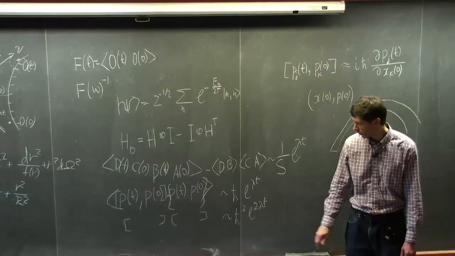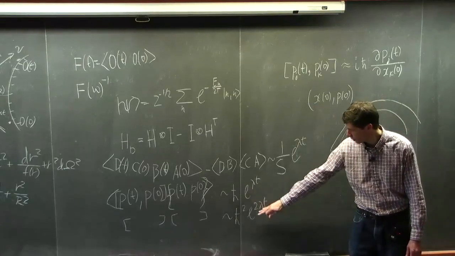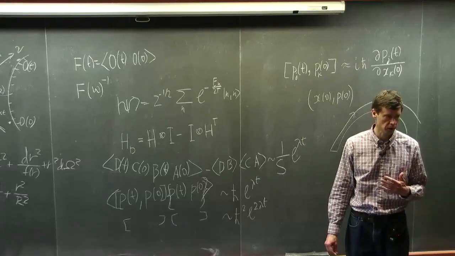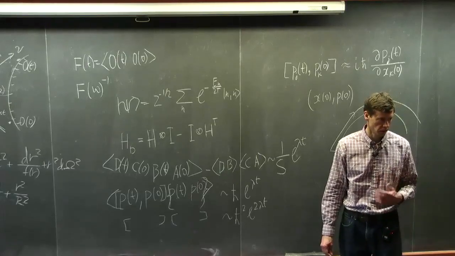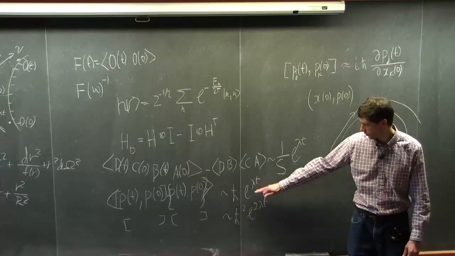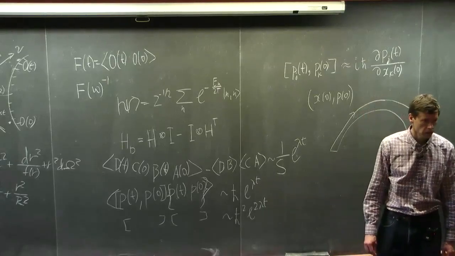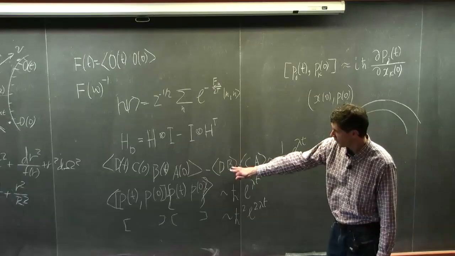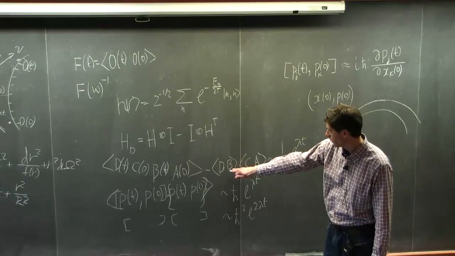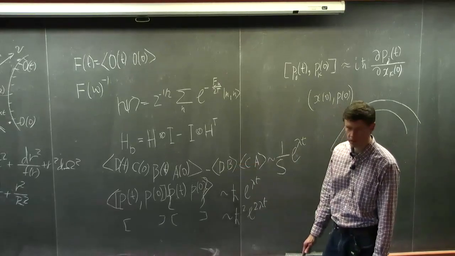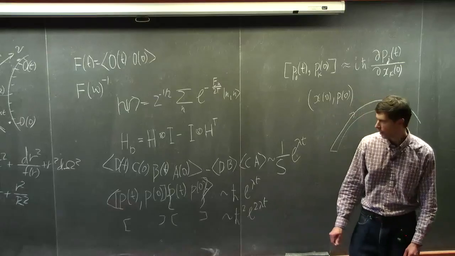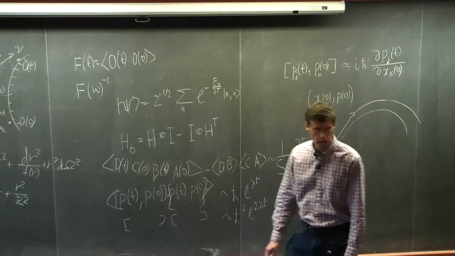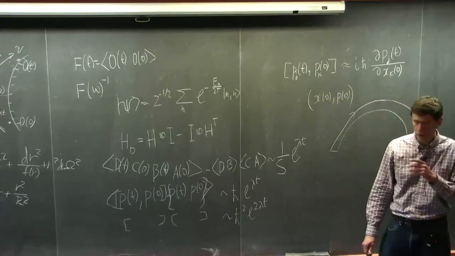And they start growing like this. After some time, they become large, and the semi-classical approximation breaks. And at this point, the growth stops. And a similar thing happens in spin systems. In spin systems, this correlator grows in time, and then it stops.